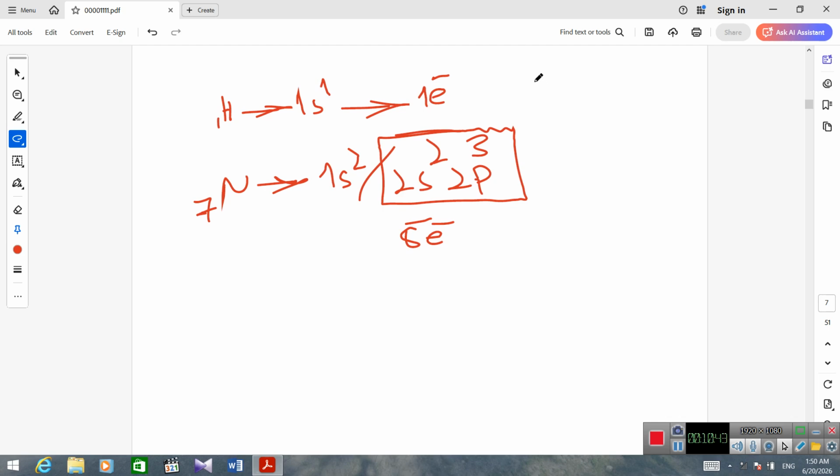As a result, hydrogen has 1 electron, and nitrogen has 5 electrons.